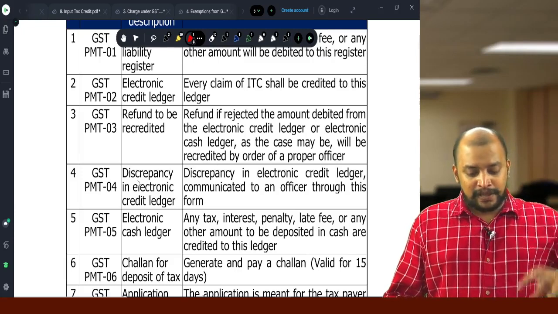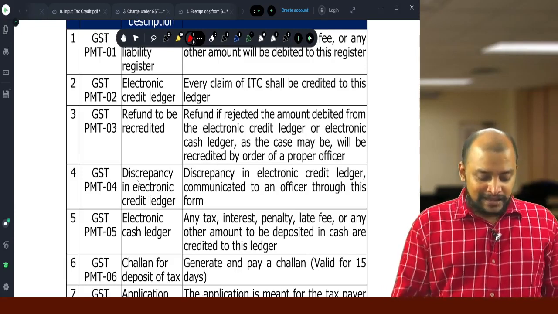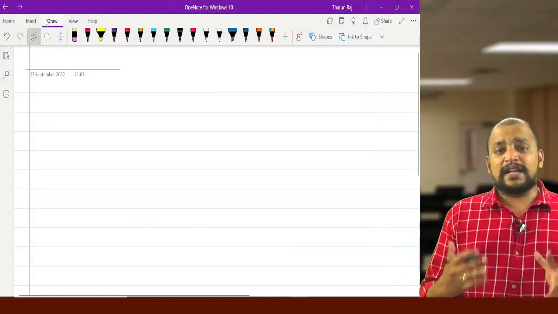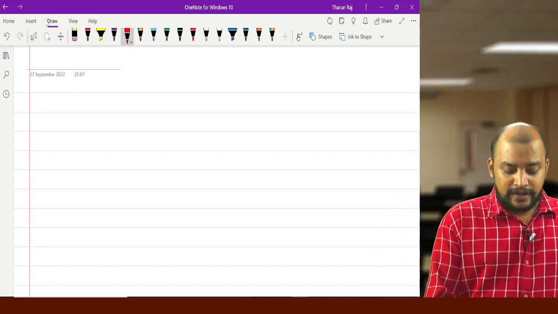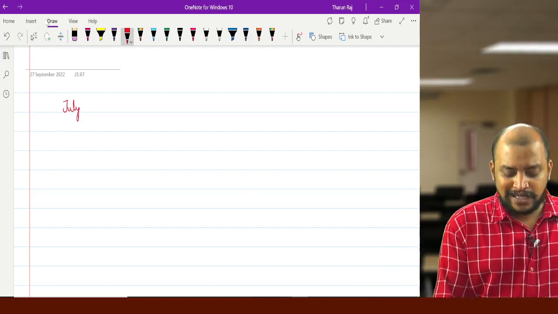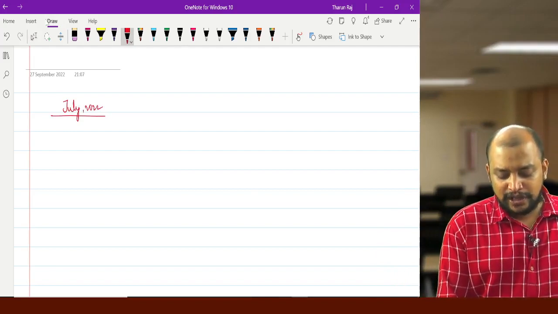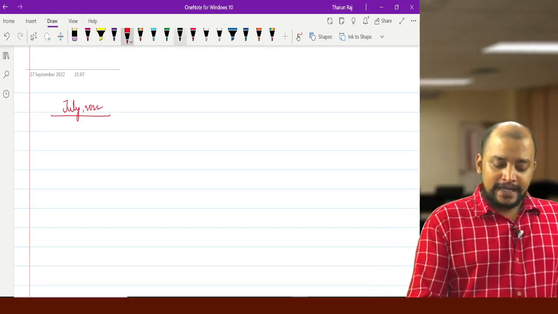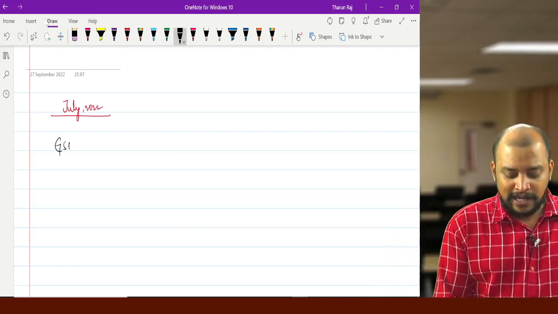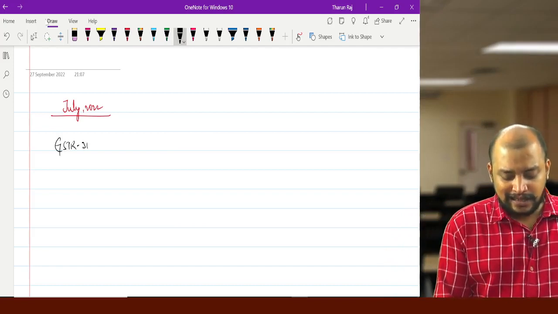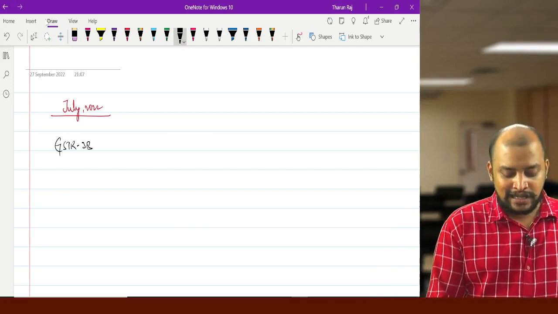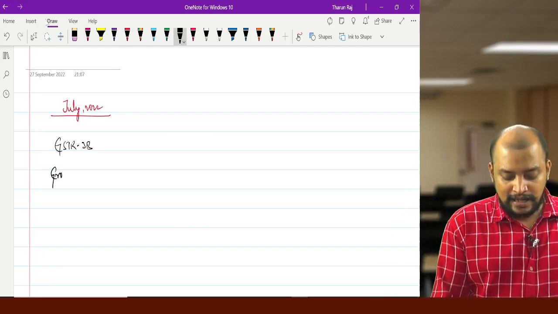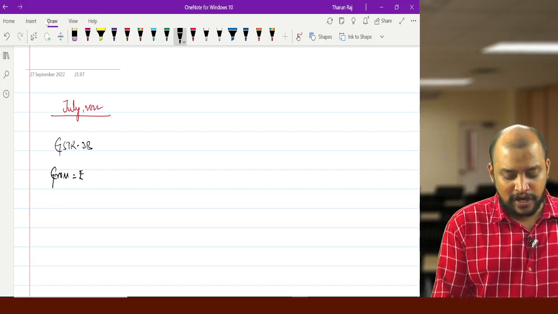For example, let's take a scenario that for the month of July 2022, GSTR 3B has been filed, and in this GSTR 3B, the gross liability is, say, some 50 lakhs.